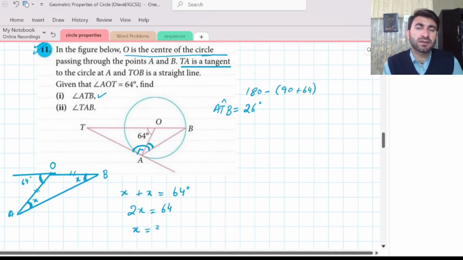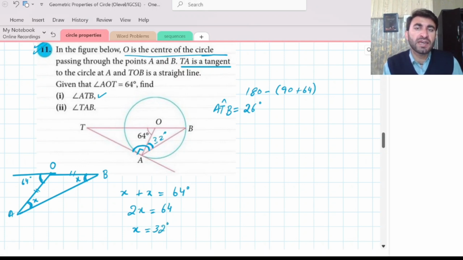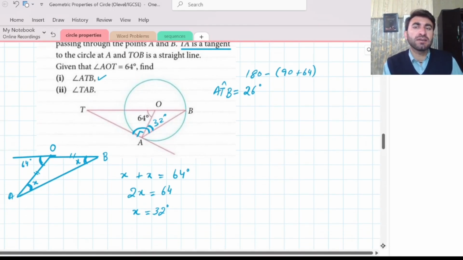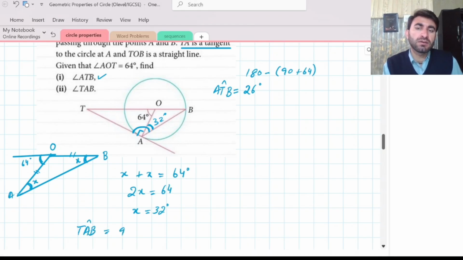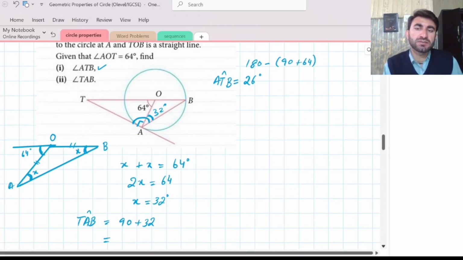So this angle over here becomes 32 degrees. So the angle we required, the angle TAB, is the sum of the angles 90 and 32. TAB equals 90 plus 32, and that is 122 degrees.